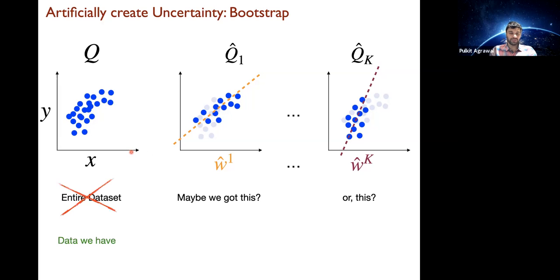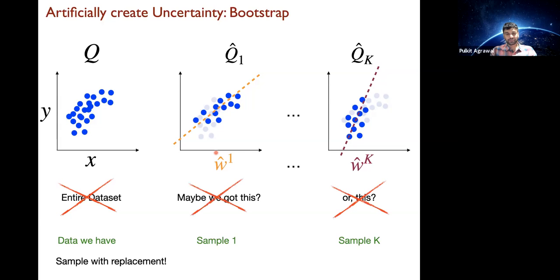Assume that instead of this being the entire data set, this is the data that we actually have. Now what I can do is create data sets from this by sampling it with replacement. What this means is, some data points can be sampled multiple times, and some data points I'm not going to sample at all, right?